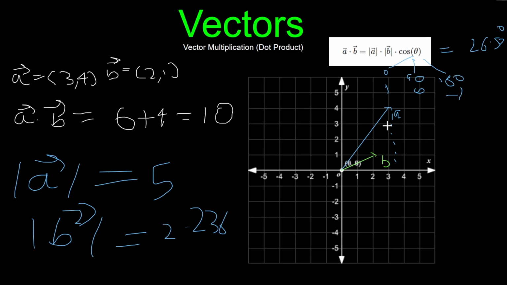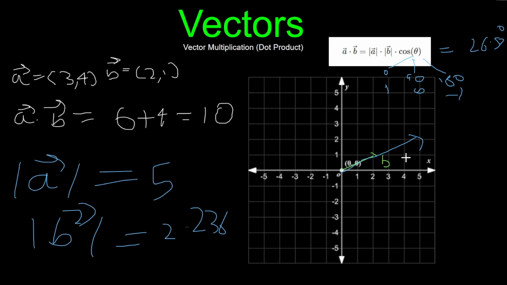Let's say vector A is going in the same direction as vector B. What is the angle between them? The angle between them is 0. What is cos 0? Cos 0 is 1, so we will have a positive value for the dot product.